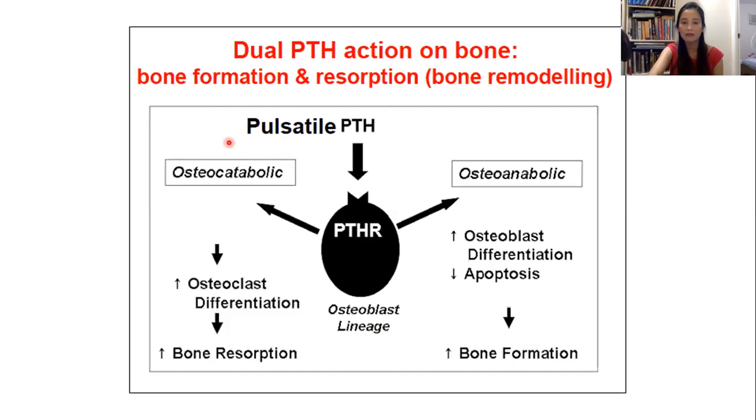So it has both osteocatabolic, or catabolism of bone, and osteoanabolic, or building of bone. No? So your parathyroid hormone, when it's activated, can increase osteoclast differentiation, resulting in bone resorption. But on the other hand, it can also cause osteoblast differentiation and a reduction in apoptosis, resulting in bone formation. And the net effect would be bone remodeling.